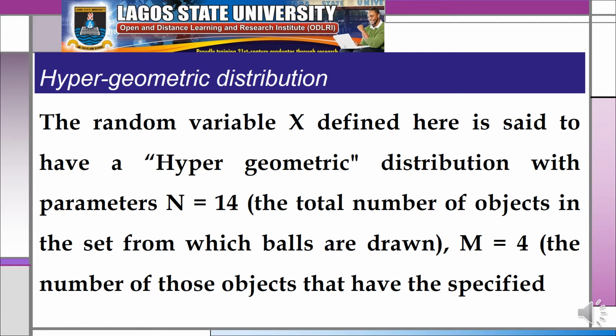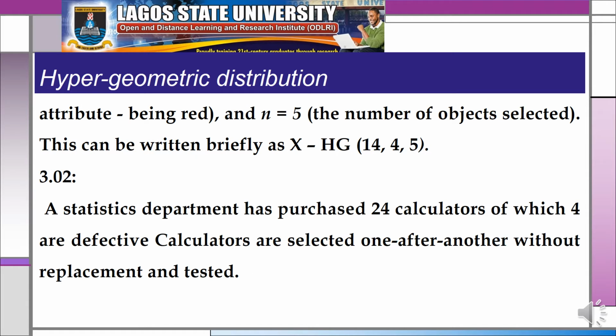The random variable X defined here is said to have a hypergeometric distribution with parameter N equals 14, M equals 4, the number of those objects that have the specified attribute being red, and n equals 5, the number of objects selected. This can be written briefly as X hypergeometric 14, 4, 5.